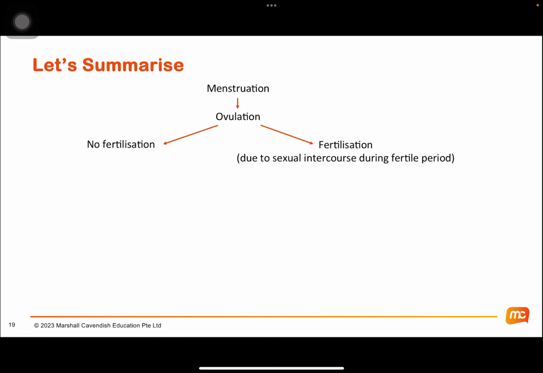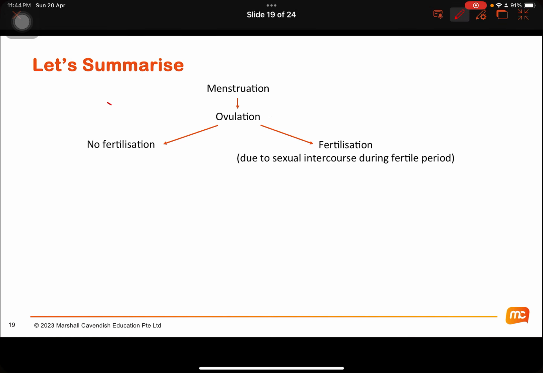Alright, so let's do a quick summary of 12.3 and 12.4. Menstruation is very important to prepare the mother, alright, to prepare females for the possibility of getting pregnant. And ovulation helps with the release of an egg each month, one egg each month. And when this mature egg is released, there are two possible outcomes.